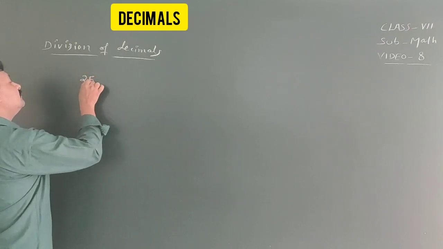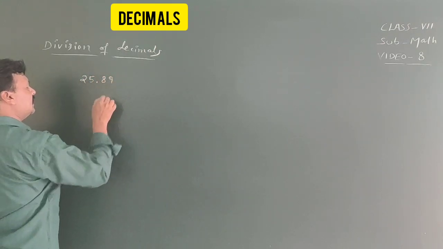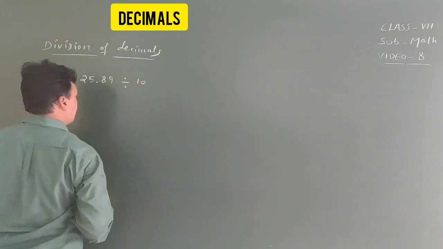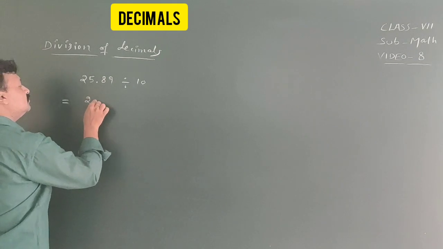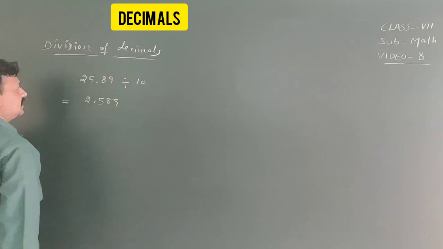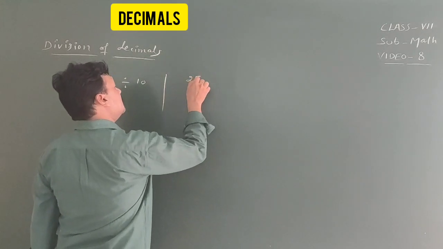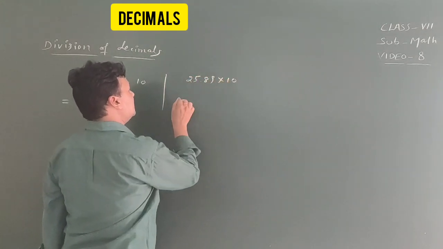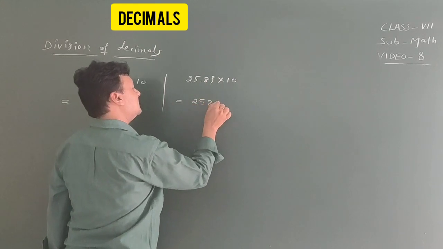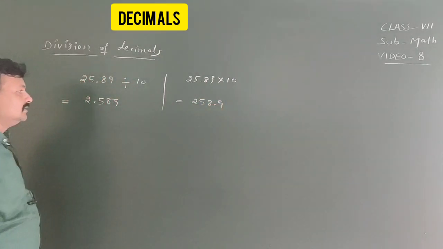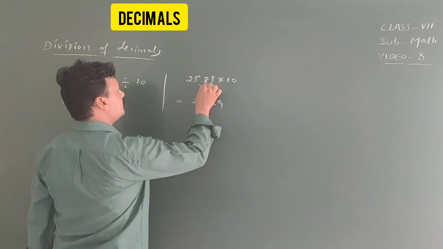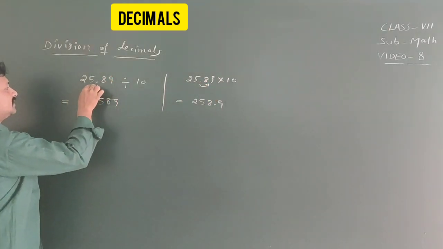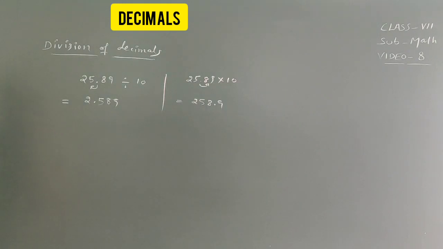Here 25.89 divided by 10 becomes 2.589. In case of multiplication, 25.89 into 10 becomes 258.9, shifted to the right. Here it is shifted to the left. That is the difference.